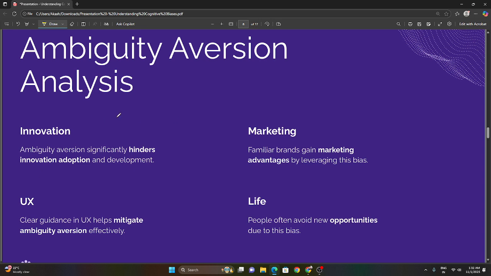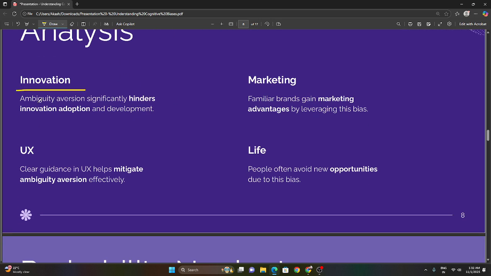So what is the analysis? Innovation: ambiguity aversion significantly hinders innovation, adoption, and development. In marketing, familiar brands gain advantages by leveraging this bias.